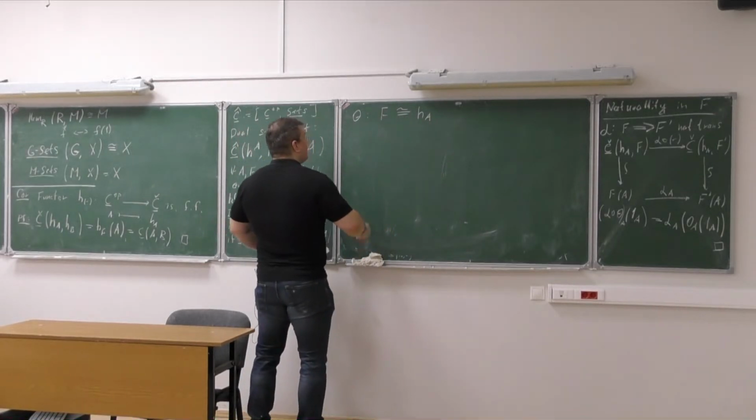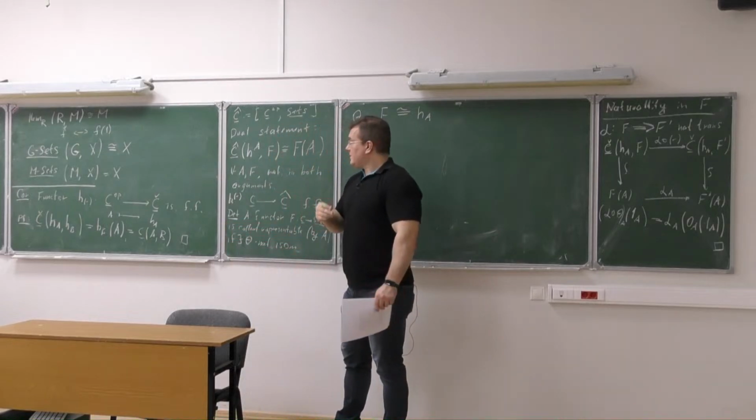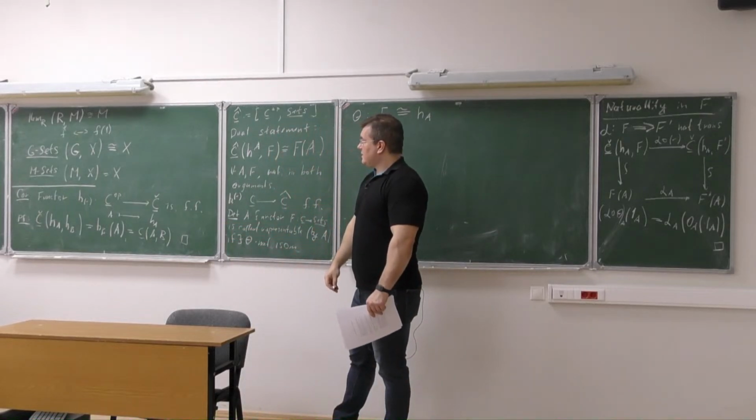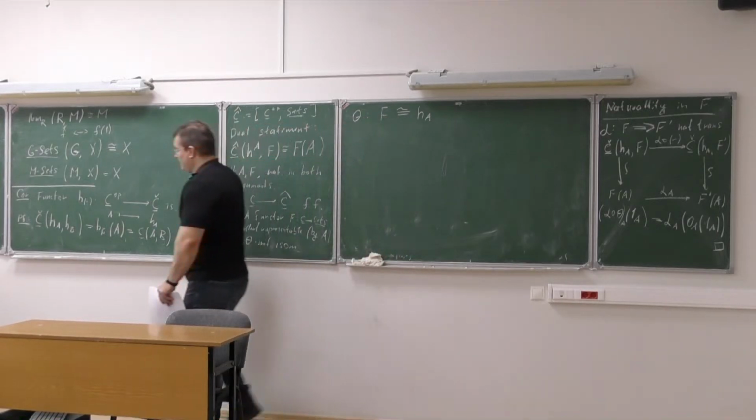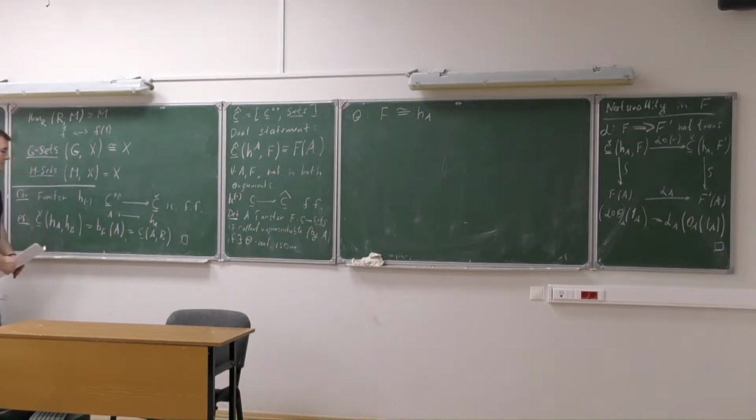Okay, so why in this corollary is the space of all natural transformations between functors the same as the space of functions from A to B and not from B to A? Shouldn't they be switched? So let's look at this. Yeah, you're right.